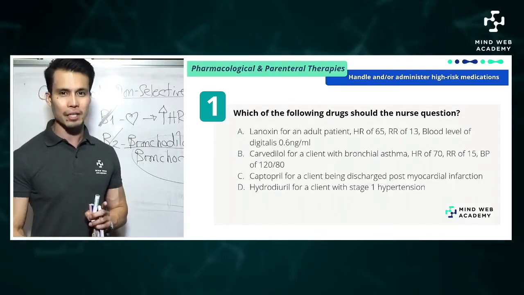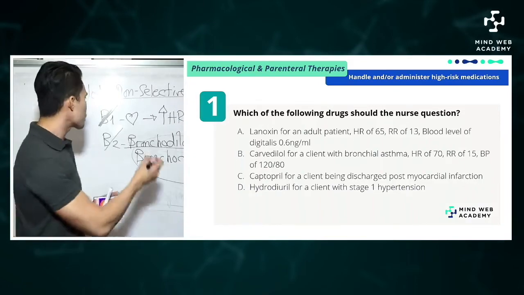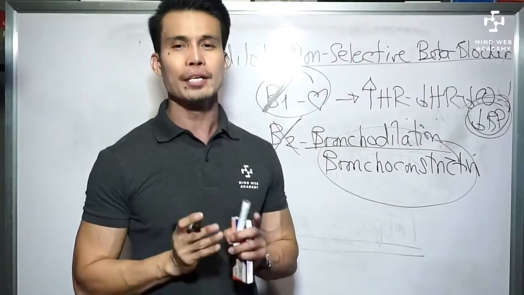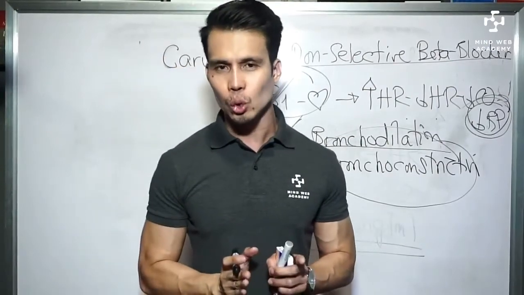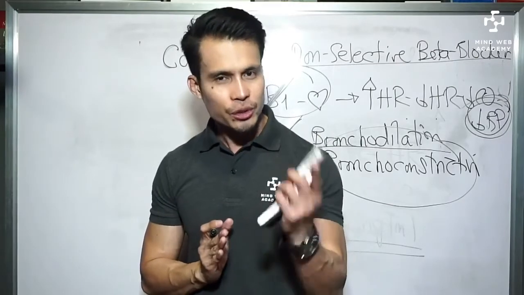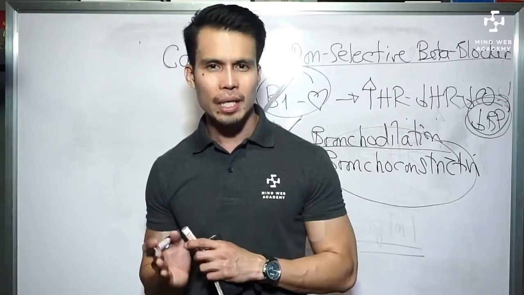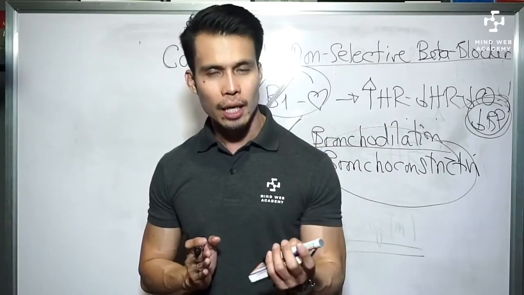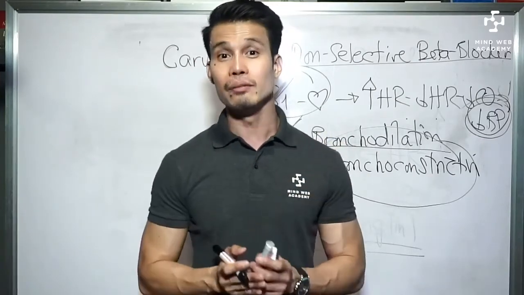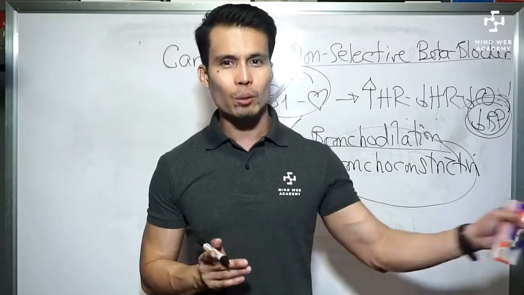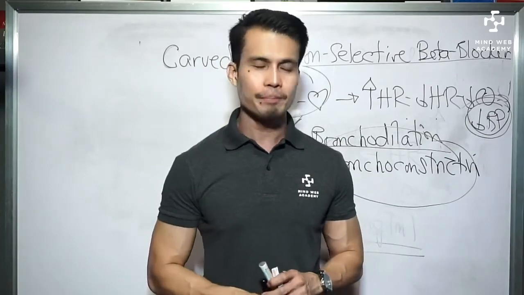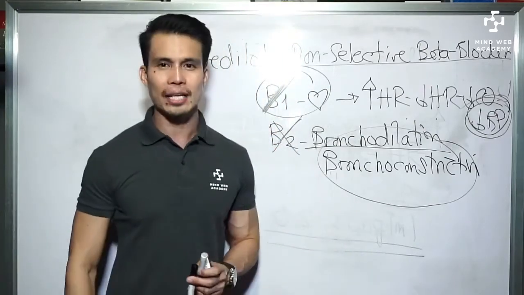When I say selective or cardioselective, it will just block beta 1 without blocking the beta 2 receptor site. Without blocking beta 2, I can still maintain the bronchodilation. Those cardioselective drugs include your metoprolol and your atenolol, but not your carvedilol. So nurses, should I question letter B? Yes, I have to question this order. So the best answer here is letter B.